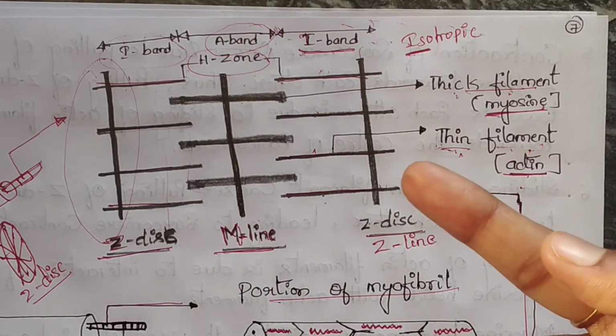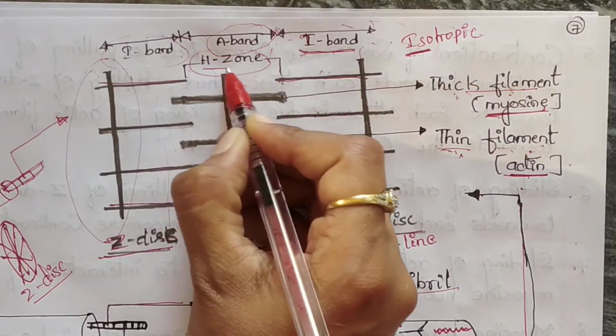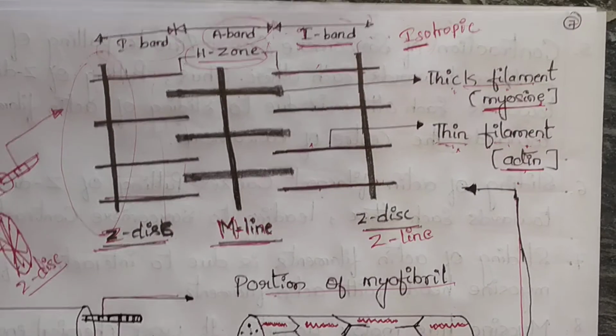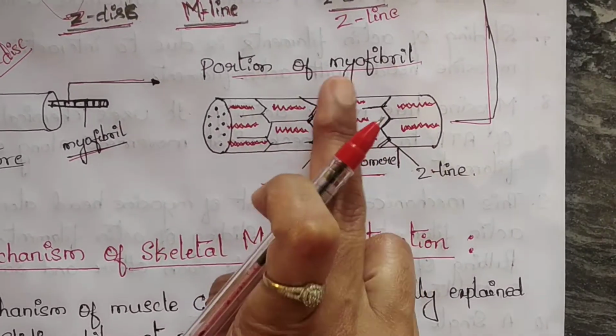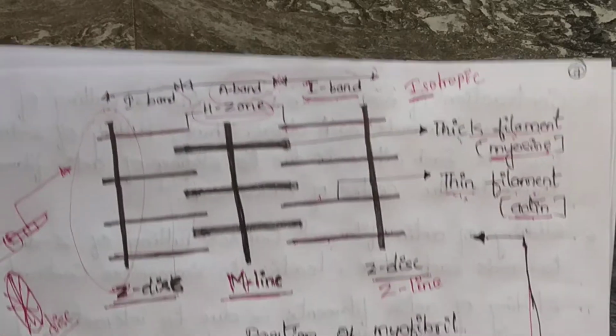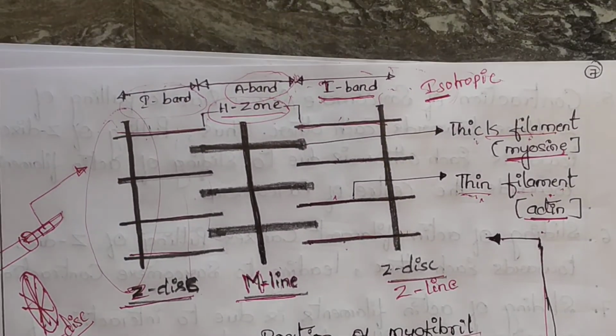Then the last one, that is the H band. The H band is also called the Hensen band, named after the scientist. It is found in the middle of the sarcomere and contains myosin filaments.